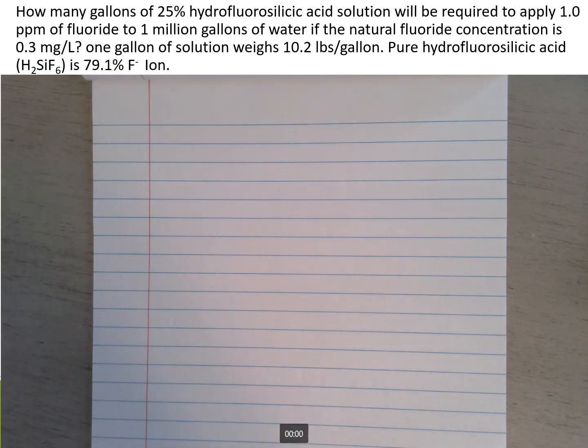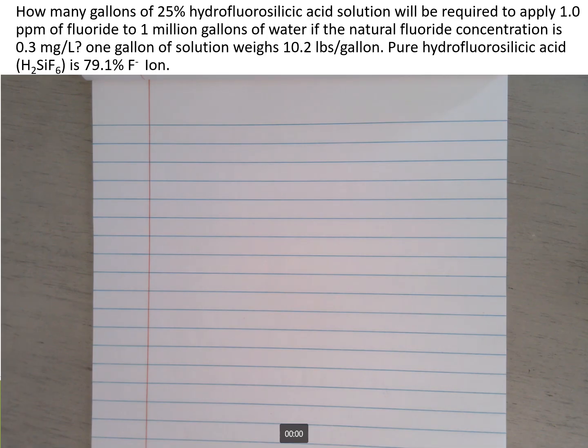The next fluoride problem statement reads, how many gallons of 25% hydrofluorosilicic acid solution will be required to apply a 1 part per million of fluoride to 1 million gallons of water if the natural fluoride concentration is 0.3 milligrams per liter. Then it gives 1 gallon of solution weighs 10.2 pounds.